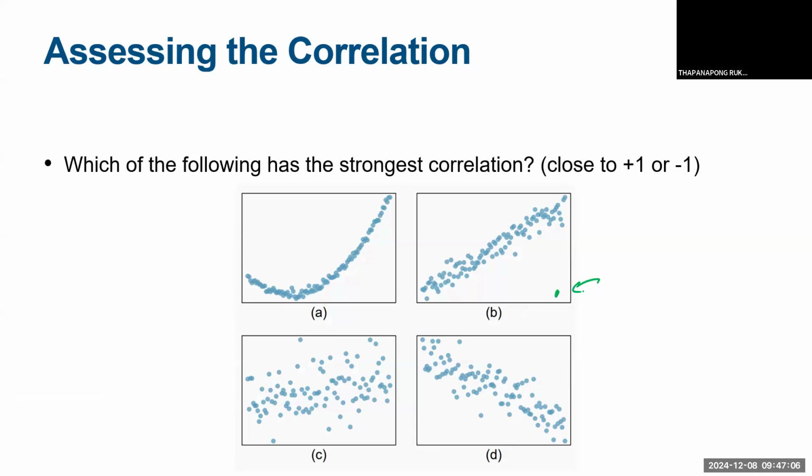But if we don't know that it's an outlier and we use everything, then maybe the line would be pulled toward the outlier. But if we remove the outlier, then we will get a better line that goes through every point.